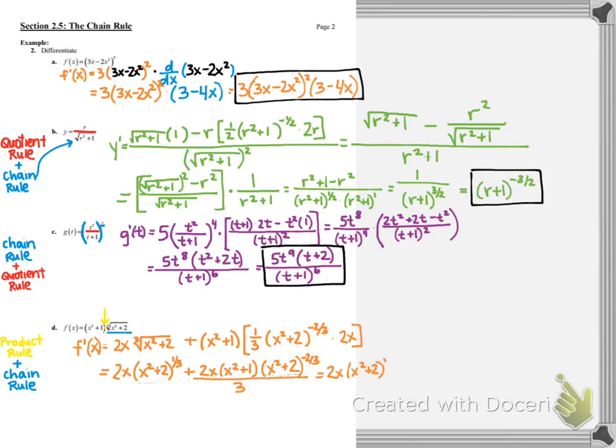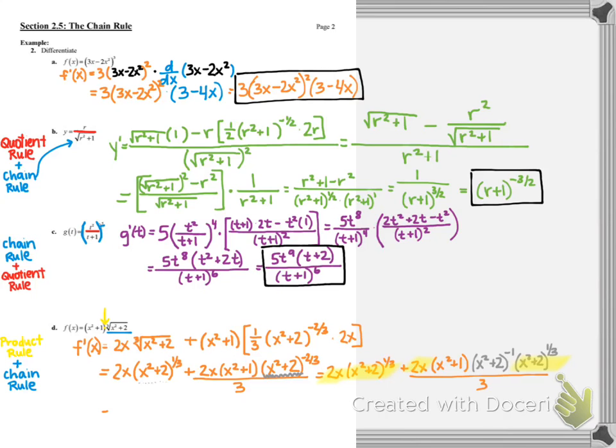So if I pull out the 2x, so taking a look, that 2x is common to both. I took what I underlined in gray and just rewrote it in, and I broke it up so that I can see not only do both pieces have the 2x, but both pieces have an x squared plus 2 to the 1/3.